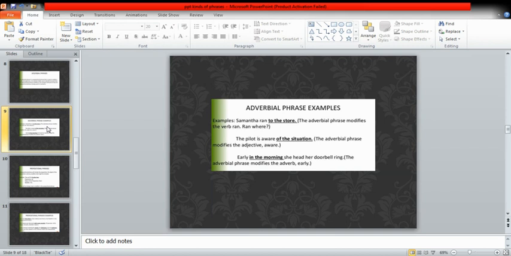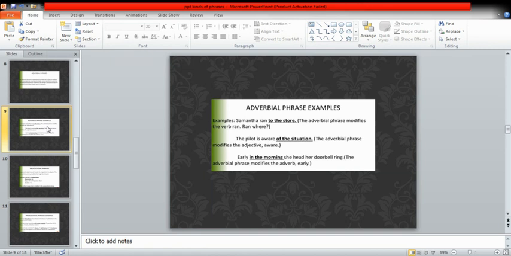Most of the time, adverb phrases tell us where the action is done, how the action is done, why the action is done, when the action is done. These are the different answers given by the adverb phrases. So this is also a very easy way to identify them in your MCQs.